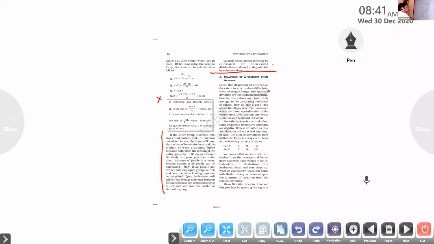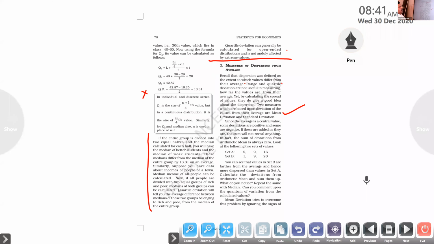Two measures which are based upon deviation of the values from their average are mean deviation and standard deviation. So we are using two different techniques to find the difference between the lower limit and average, and the upper limit and average: mean deviation and standard deviation.